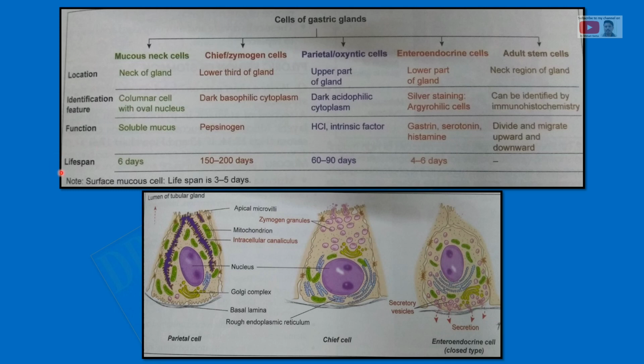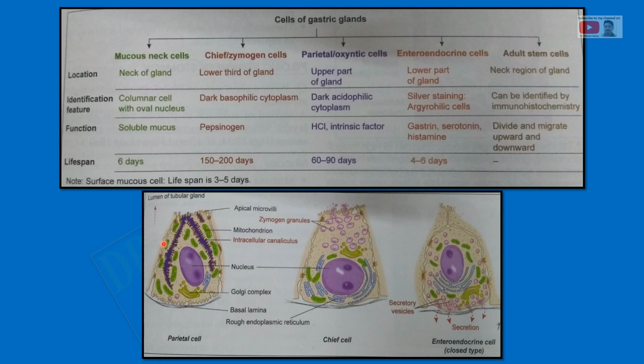And if we are talking about the lifespan of the different types of cells, the mucus cell lifespan is 6 days. The chief and zymogen cells lifespan is 150 to 200 days. Parietal or oxyntic cells is 60 to 90 days. Endocrine cells, the lifespan is 4 to 6 days.